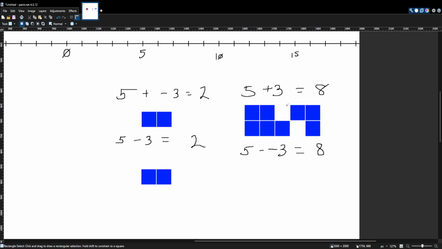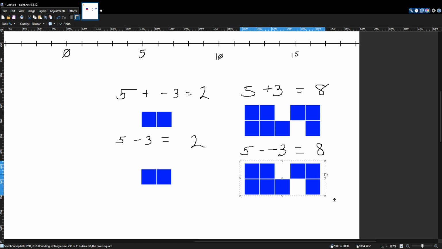The reason that this is true is, if we look at my 5 and 3 as above, I want to remind everyone that these tiles are two-sided, and we flip our algebra tiles over when necessary.